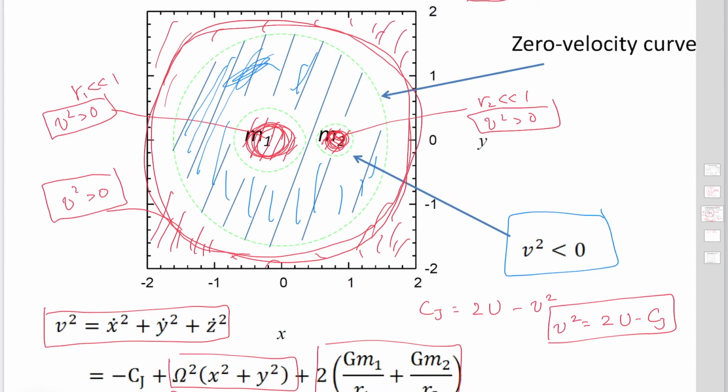We call these the excluded regions, because a particle with mass m is not allowed to enter them. A particle rotating around m sub 1 cannot move to an orbit around m sub 2, because it has to pass through these regions. It's not allowed.